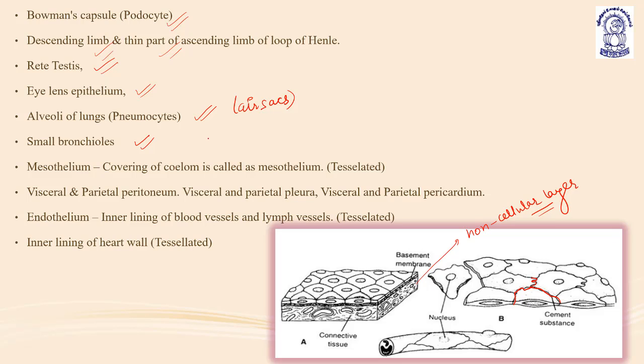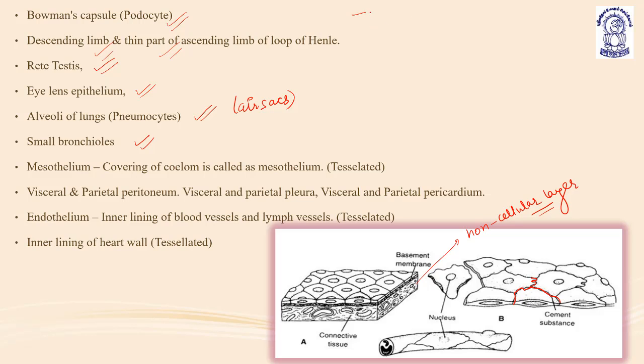The body is going to reabsorb all the substances which are required, while the substances which are not healthy for the body are going to be eliminated. So you have to remember the exact location that this simple squamous epithelium is present on those respective sites which need high flexibility, a high filtration barrier, or a high diffusion barrier.